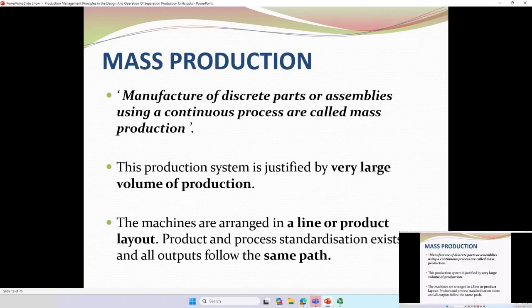Then mass production. The manufacture of discrete parts or assemblies using a continuous process is called mass production. This production is justified by a very large volume of production. An example is companies that produce parts, let's say car parts, phone accessories, right?